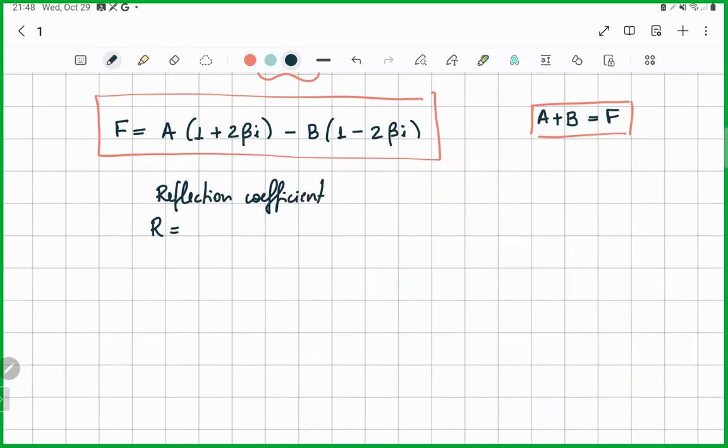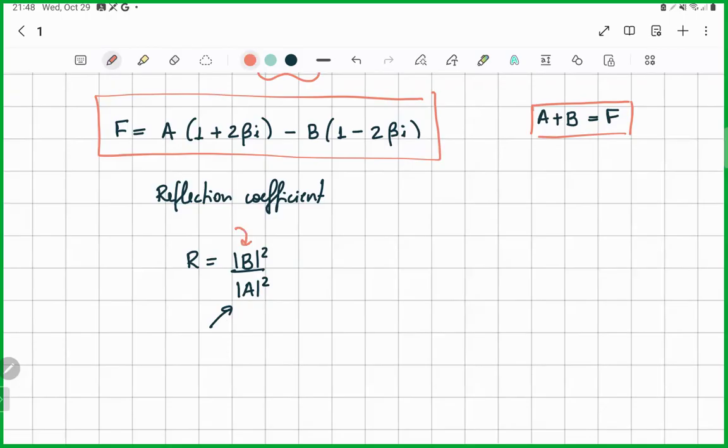And we are talking about probability, we're talking about quantum mechanics. So the reflection coefficient is the absolute value square of B over the absolute value square of A. From everything that we threw, which is contained in the A, how much gets reflected?